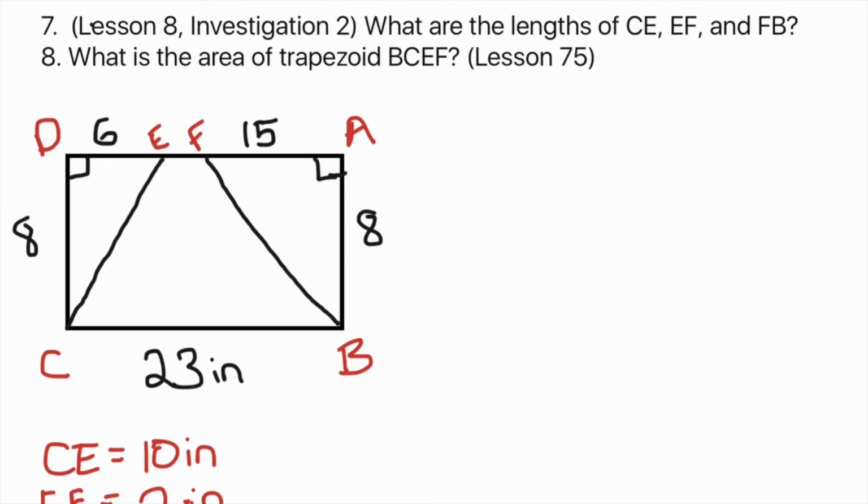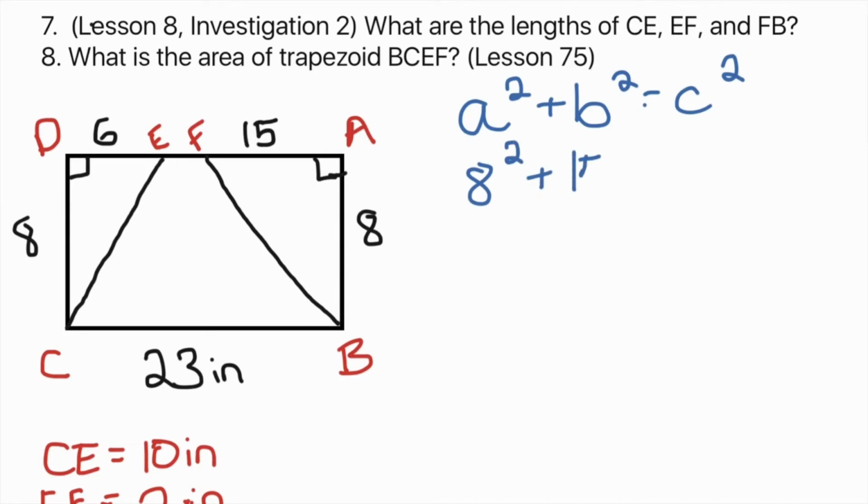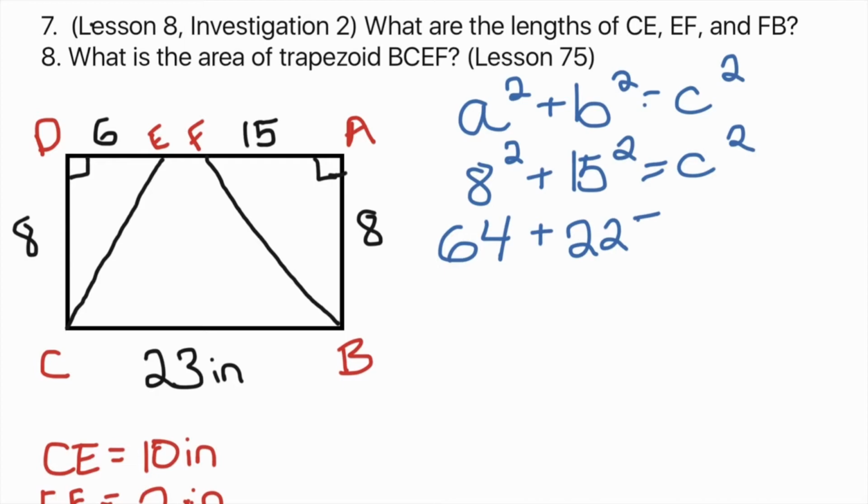Now our last side we have to find is FB. So again, this is a right triangle, FAB. We know two of the legs are 15 and 8. So therefore, we need to use the Pythagorean Theorem again to find FB. So we have 8 squared plus 15 squared equals c squared. 8 squared is 64 plus 15 squared is 225 equals c squared.